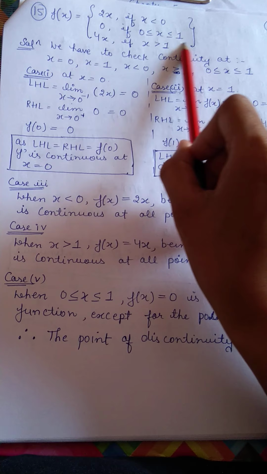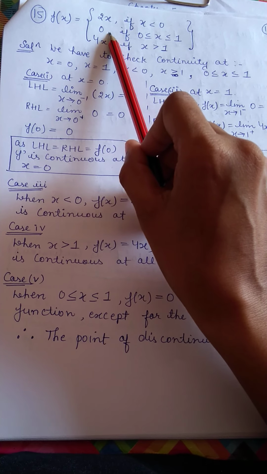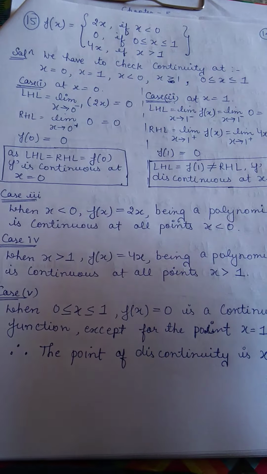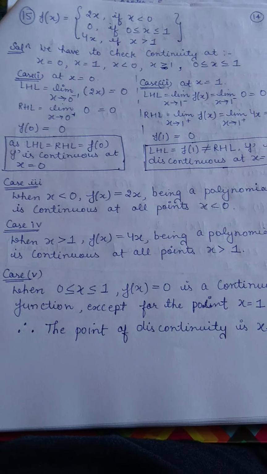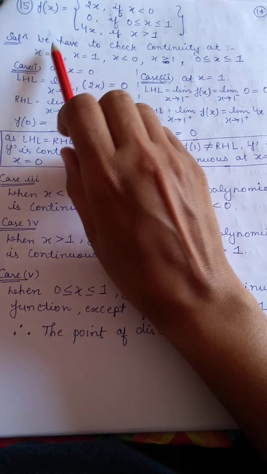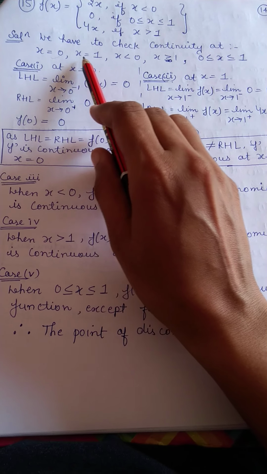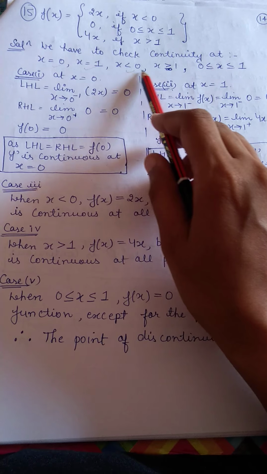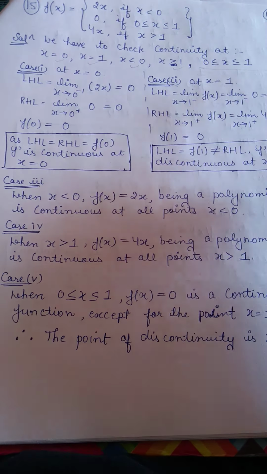When x lies in this interval it is defined as 0, and when x is greater than 1 it is defined as 4x. So as we have done till now in so many kinds of questions, first of all we have to check the continuity at x equal to 0, x equal to 1, x less than 0, x greater than 1, and in this interval.